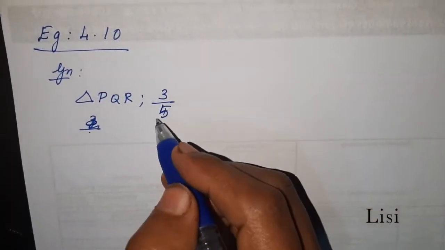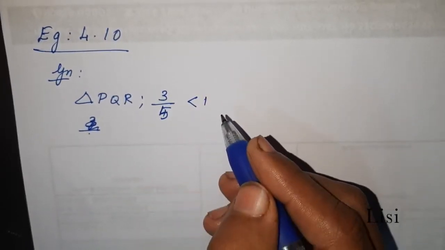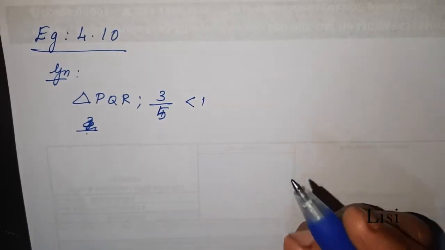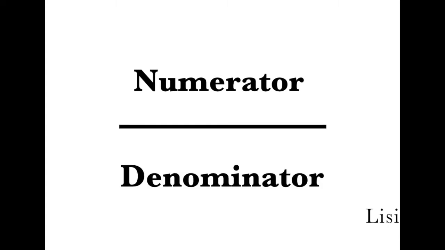Now this scale factor is less than 1. It is a proper fraction. In general, in a fraction, we have a numerator and a denominator, with a one line bar in between. The number above the line is the numerator, and the one below is the denominator.